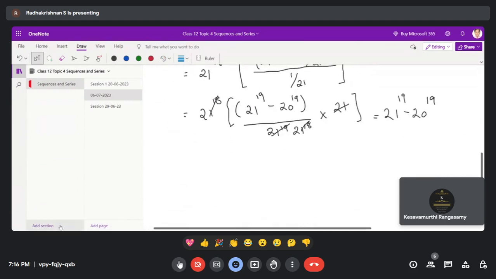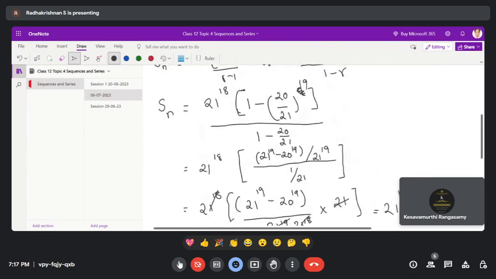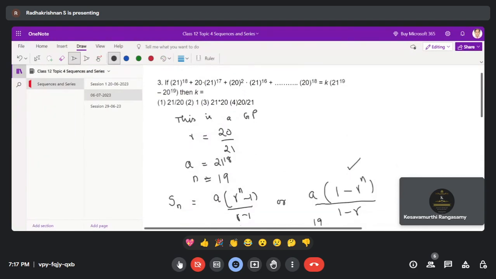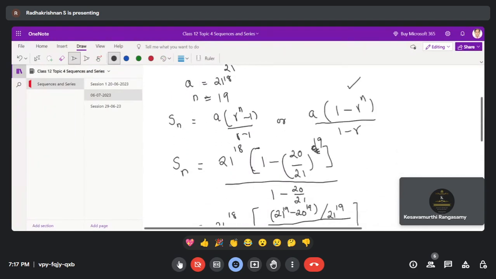So what is the value of k? Therefore, k equal to 1. Very good. That's all. The option given? Yes, option number 2.